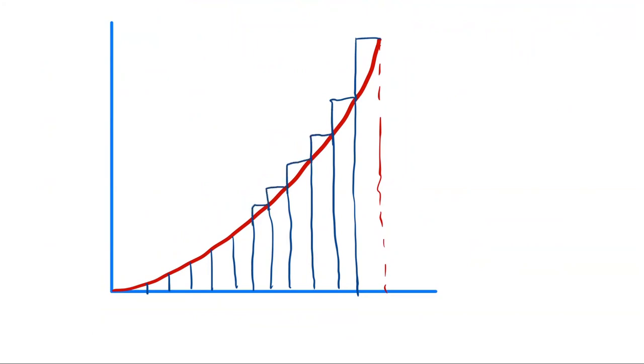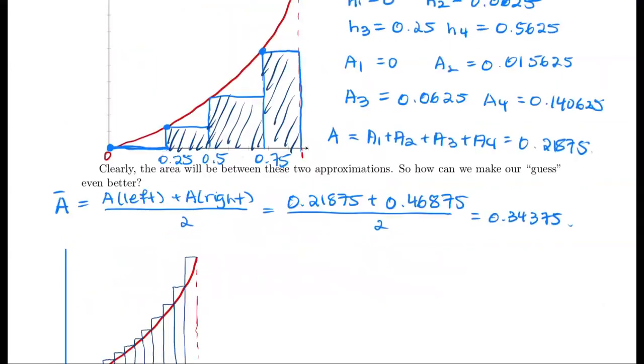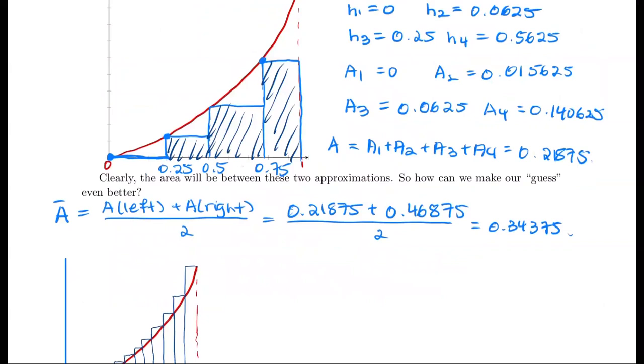okay. So we see here that as we add more rectangles to the area, we get a smaller error over here. So this smaller error is actually what's going to make the approximation a lot better.